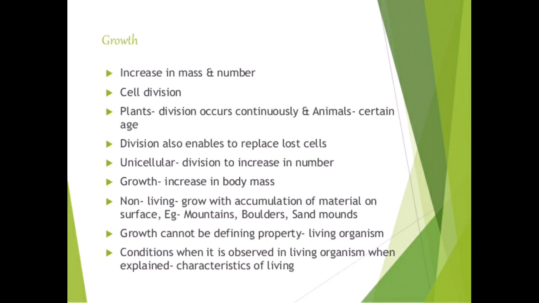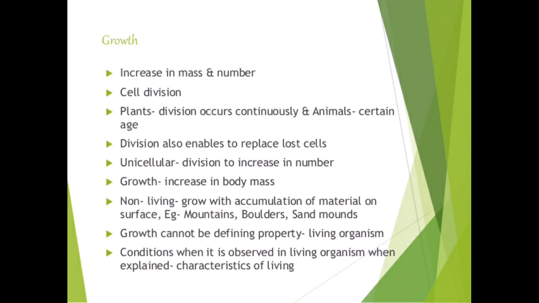Now see the growth. What is growth? That is increase in mass and number. Growth is increase in dry weight. Cell division: in plants, division occurs continuously, and in animals after a certain age it stops. But cell division continues in both plants and animals till death.